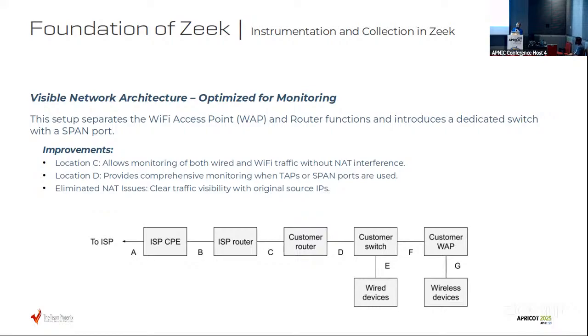And if we place it on location D, after the customer router and before the customer switch, it gives us the comprehensive export of raw log. Either it can be tap or it can be span traffic. And this gives us clear traffic visibility with the original source IPs. That is the main goal of our network traffic analysis.